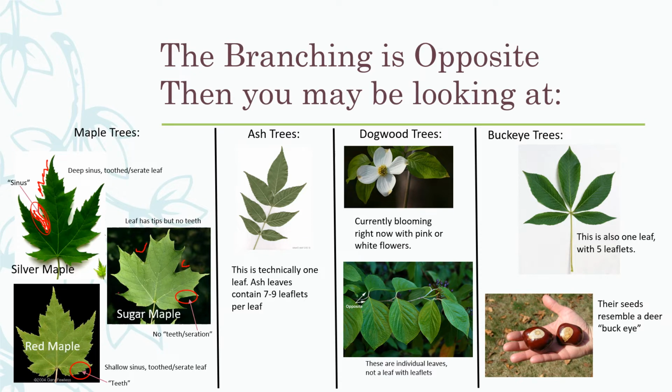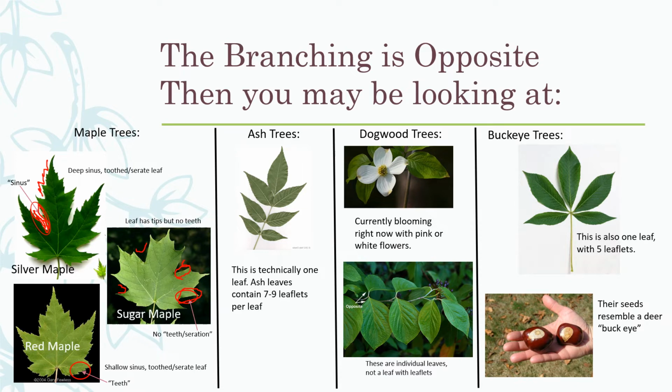This isn't the best image, but you could see here that they've kind of got U-shapes or curved sinuses. They're not very deep, but they're curved. Also, the margin of the leaf doesn't have any teeth on it. So notice that these margins have no teeth on them. So if the leaf kind of reminds you of the Canadian flag, there's no teeth on it, and it's got U-shaped sinuses, then it's a sugar maple.